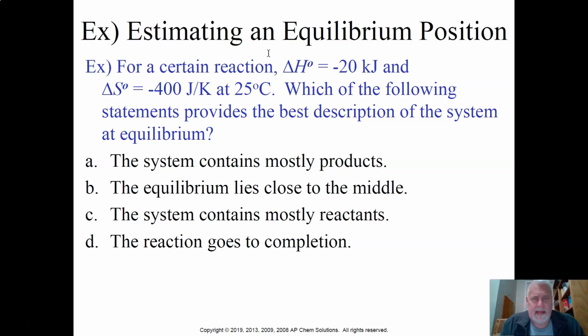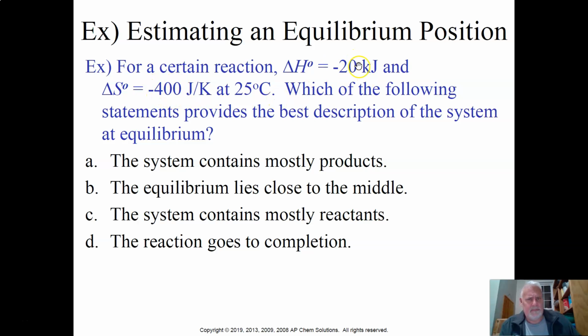You look at this reaction right here, and this would be like a multiple choice question. Actually, A through D is like a multiple choice question. Good one, Chalmers. So you've got delta H being negative 20 kilojoules, and delta S being negative 400.